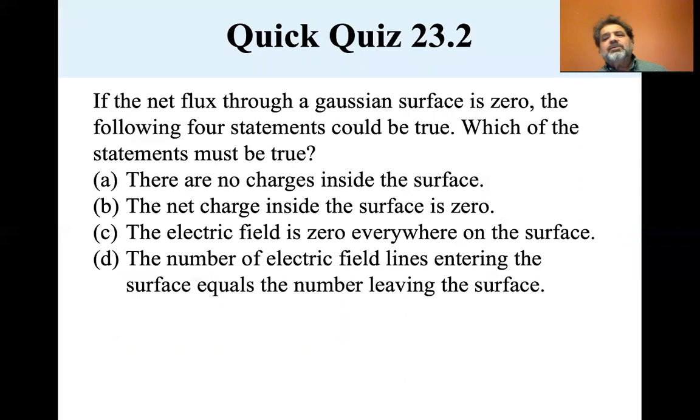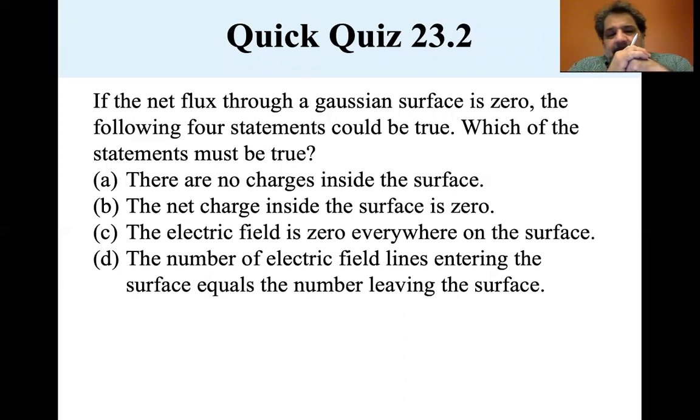Now, if the net flux through a Gaussian surface is 0, the following 4 statements could be true. Which of the statements must be true? A: There are no charges inside the surface. Well, it could be that you have a plus and a minus that cancel each other out.